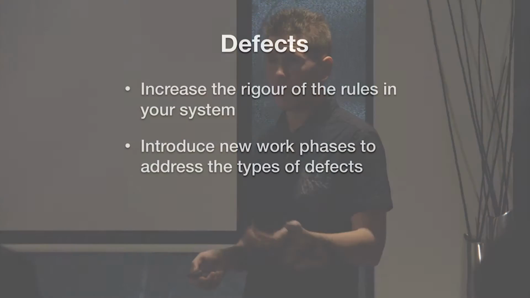Everything appears to submit correctly on your form, but actually some of your form entries are just being dropped quietly and nothing's ever happening for them. You might want to introduce a code review step, a different type of testing that means that another developer is looking over the work, or potentially, as I know we've got in a number of our projects, phases of internal testing and then phases of external testing. So increase the rigor of your system to account for defects.